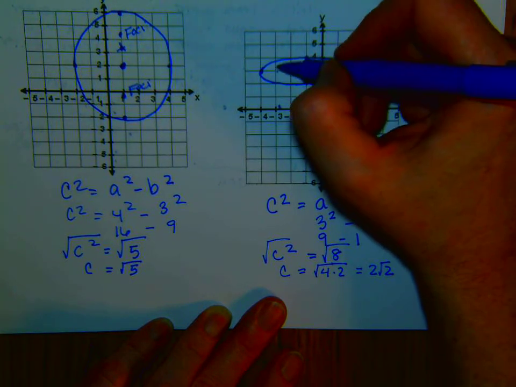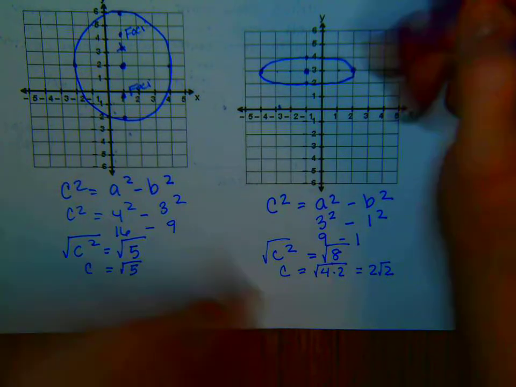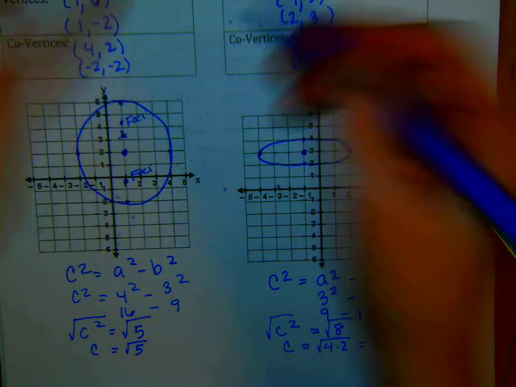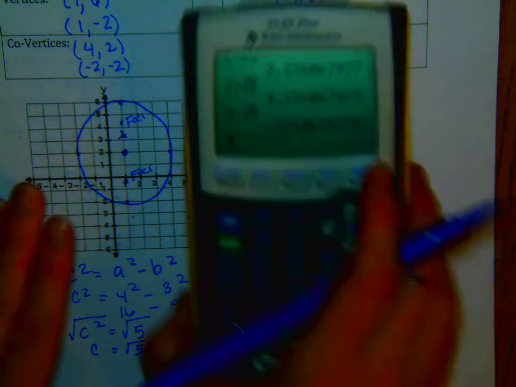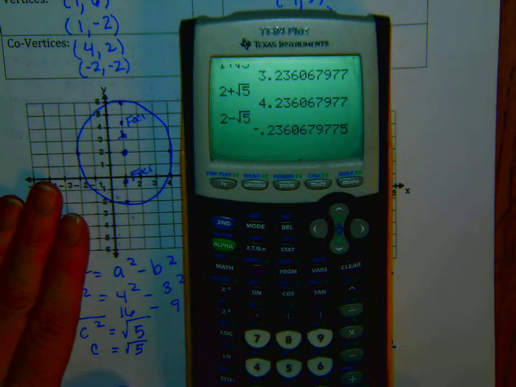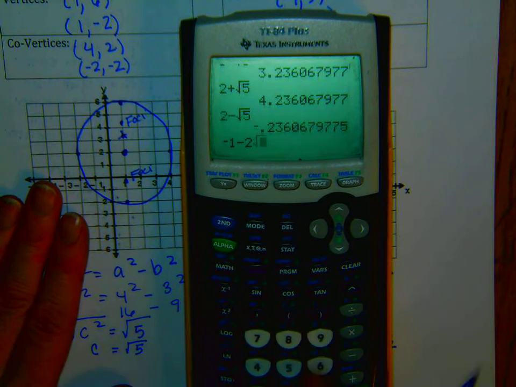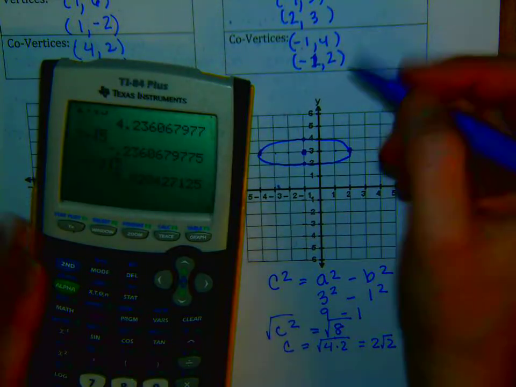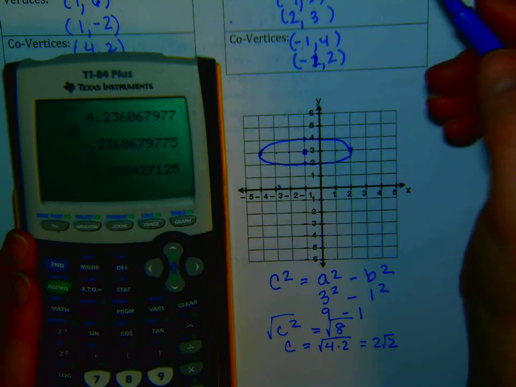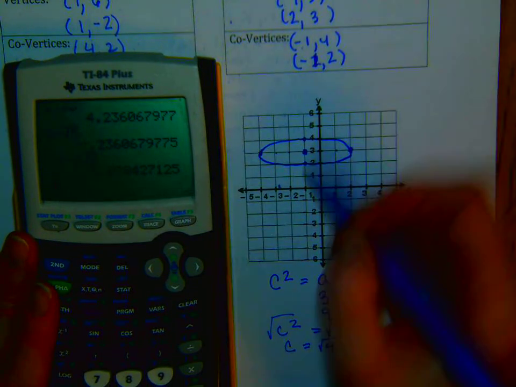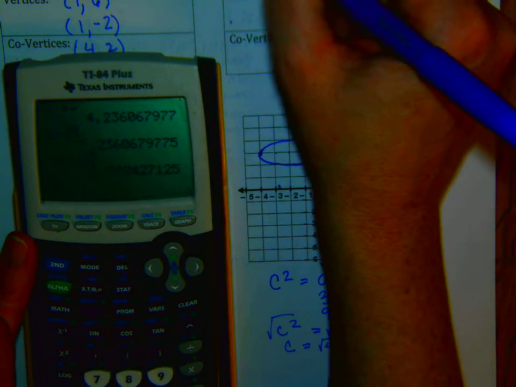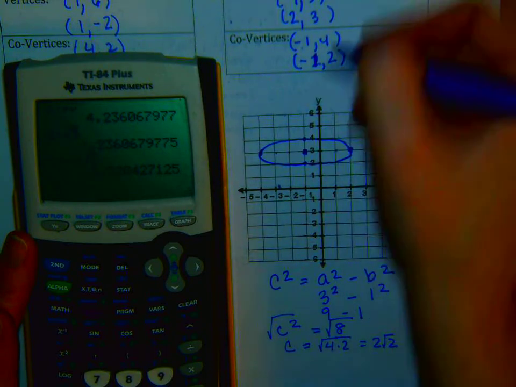So I'm going to take my calculator. I'm going to start with negative 1 minus 2 radical 2, and that gives me negative 3.8. So I have negative 3.8, and then I'm up here on the y-axis at 3.